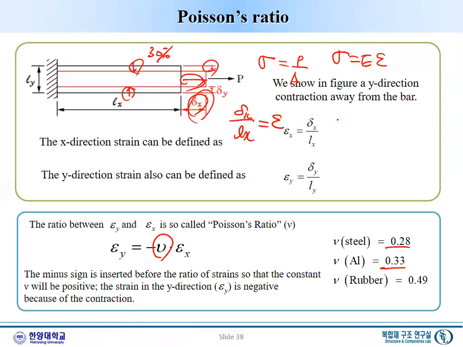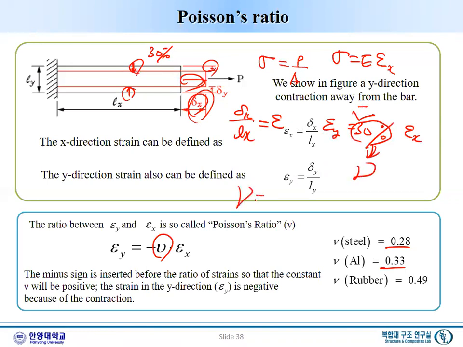Not the deformation. 30% of epsilon, I will call this X. 30% of epsilon X is epsilon Y. Epsilon Y is this much strain. And this is a shrink, so there will be a minus here. And so this one is called Poisson's ratio.